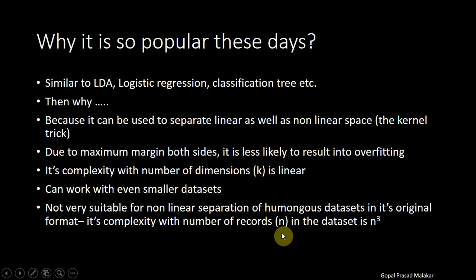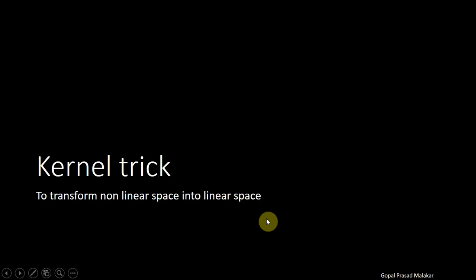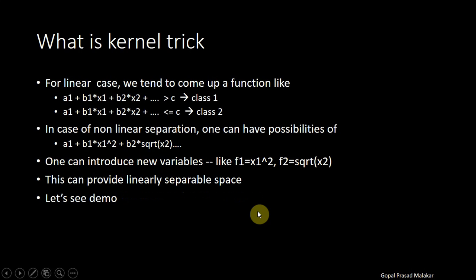Now let me introduce you that how you can classify non-linear space into linear space. That's the kernel trick. And kernel trick in one line is all about transforming non-linear space into linear space. For linear cases, you can come up with cases like a1 plus b1 into x1 plus b2 into x2 if it is greater than c, class 1, and if it is less than equal to c, it is class 2.